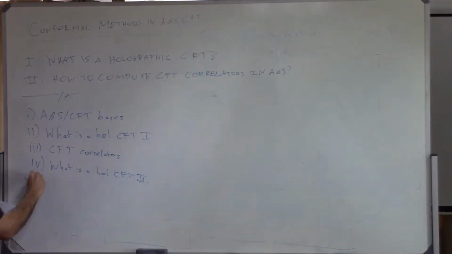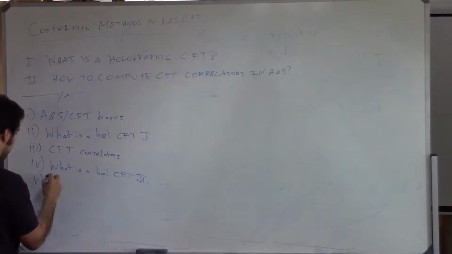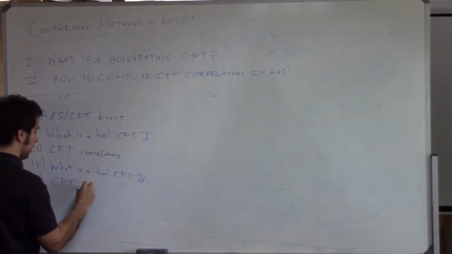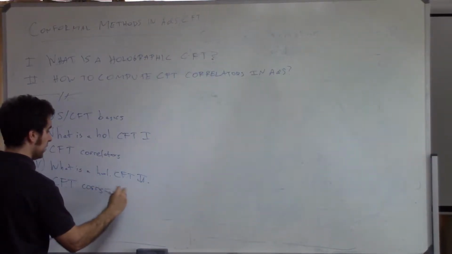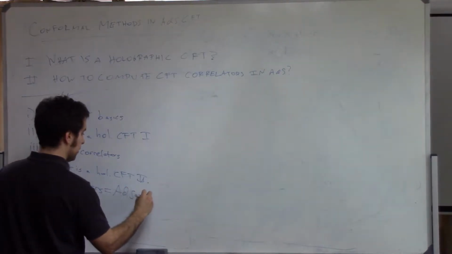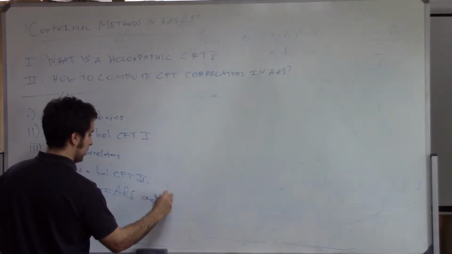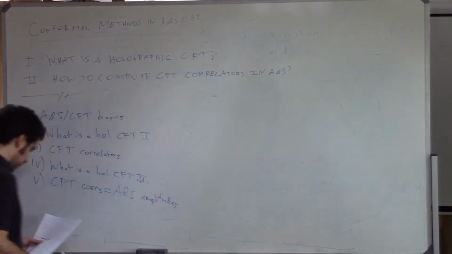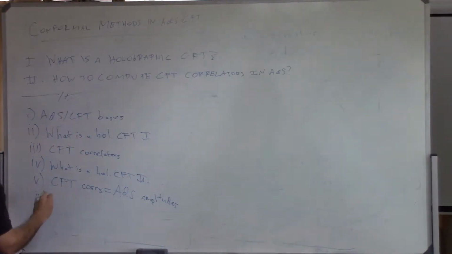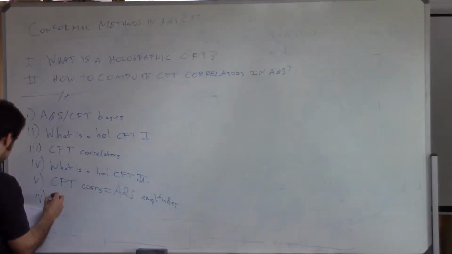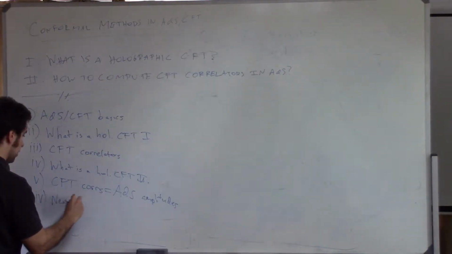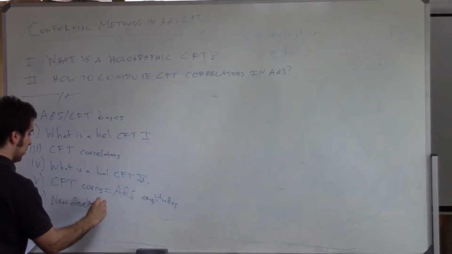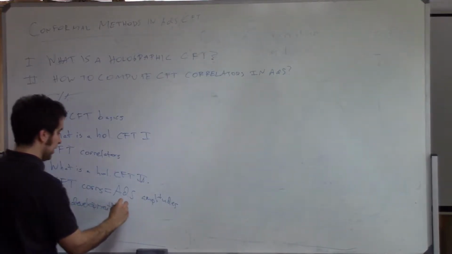We'll then talk about the computation of CFT correlators as AdS amplitudes. And after having done all of that, which I think is pretty interesting in its own right, we'll talk about some newer developments with which I was more directly involved, which will mainly focus on 2 things.